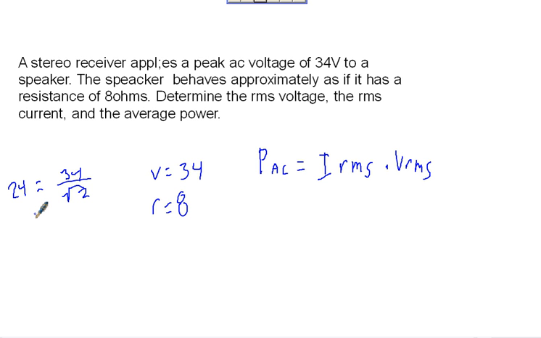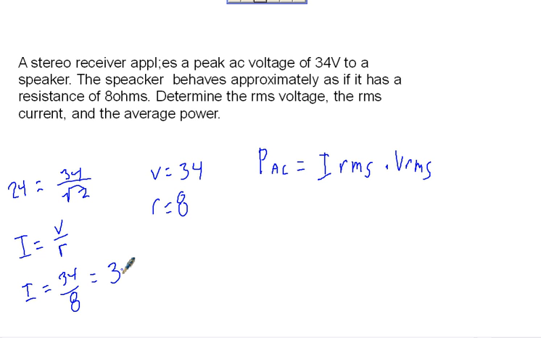So we have that. And current, we know, equals V over R. So we can find current pretty easily by just putting 34 over 8, which equals, yeah, 4.25.